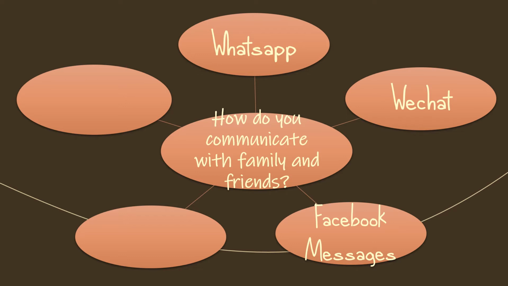Other than that, you can also make phone calls. You have your handphone. It wouldn't be difficult for you to just press the numbers and call people. Say for example, you are in school and suddenly you fall sick.